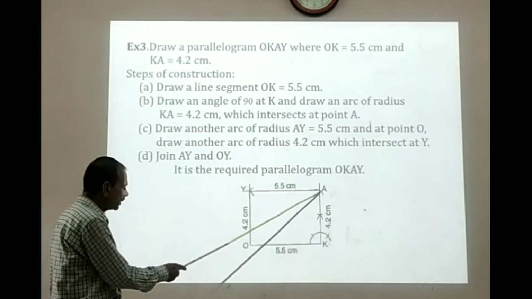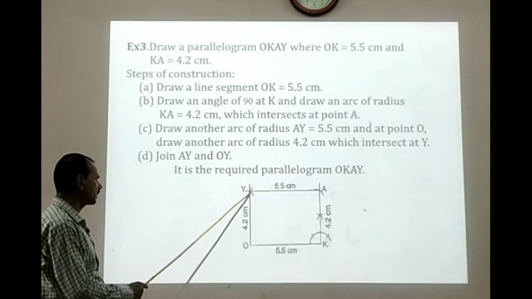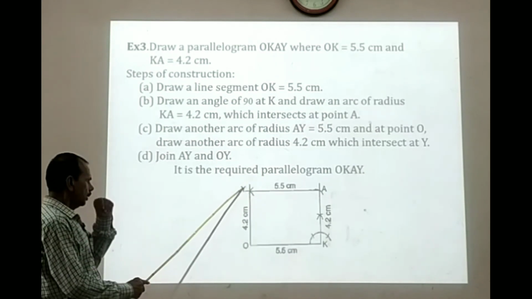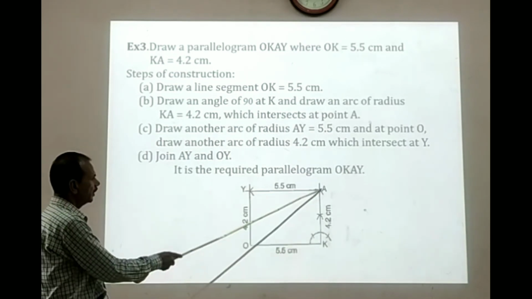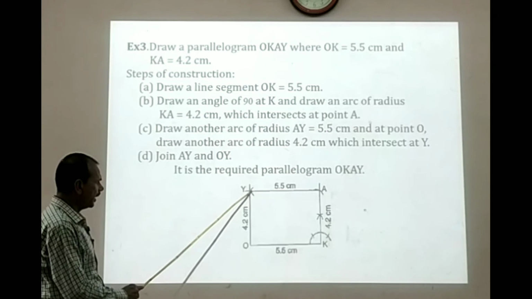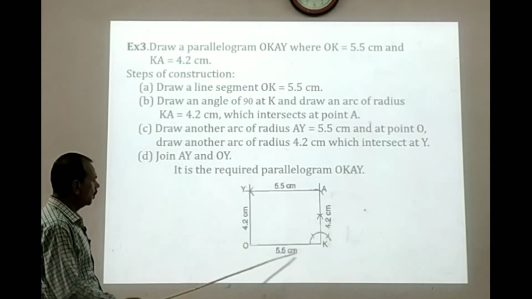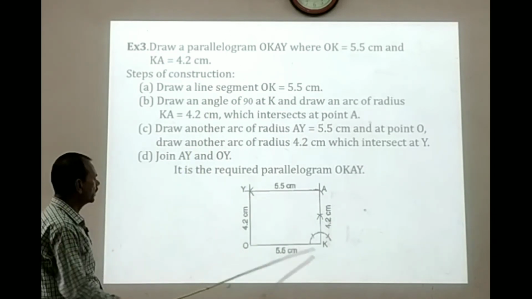A as a center, draw an arc to intersect the first arc at Y. And so join AY, OY. You will get OKAY as the required rectangle.